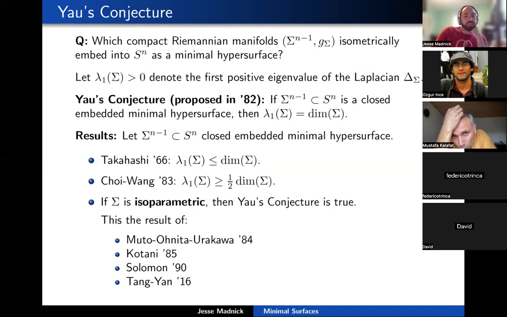This is the result of a series of papers by these folks, and it was completed in 2016 by the paper of Tang and Yan. It is now known that for every isoparametric hypersurface, Yau's conjecture holds. So it's still an open question for non-isoparametric hypersurfaces, but I mentioned this anyway. Eigenvalues of the Laplacian will be relevant to us.